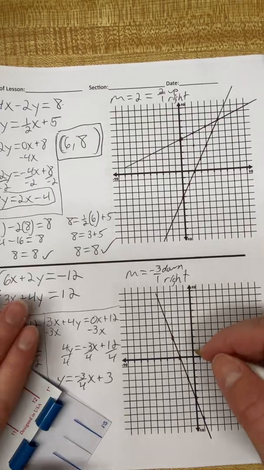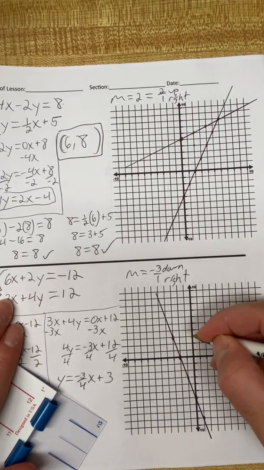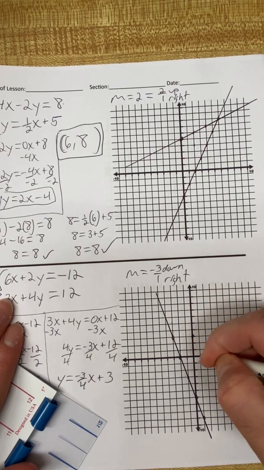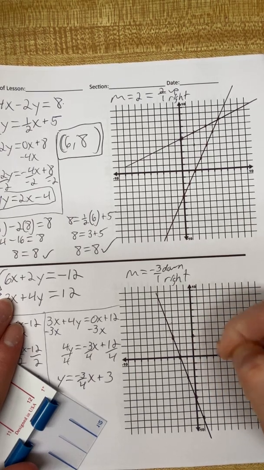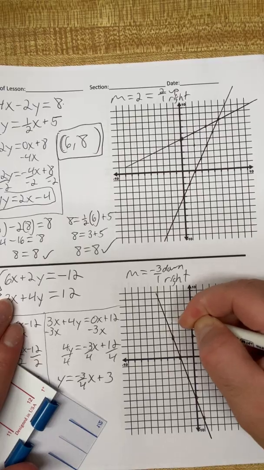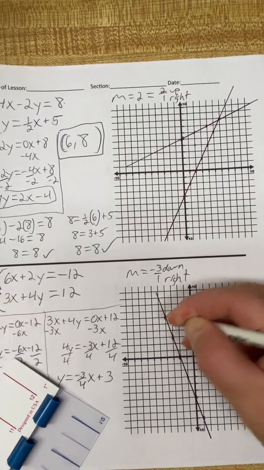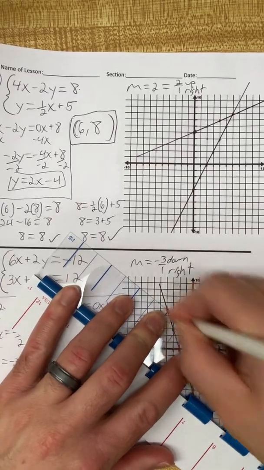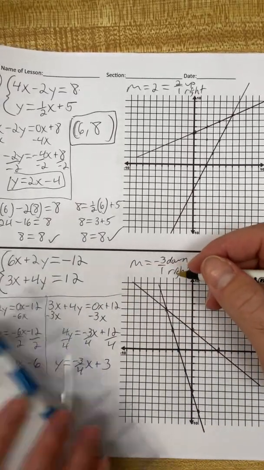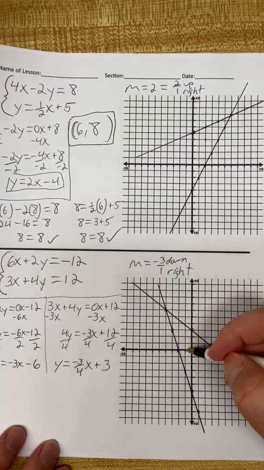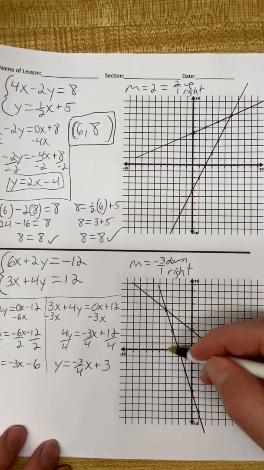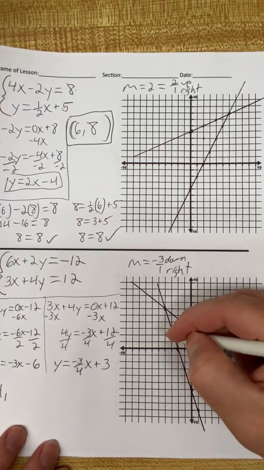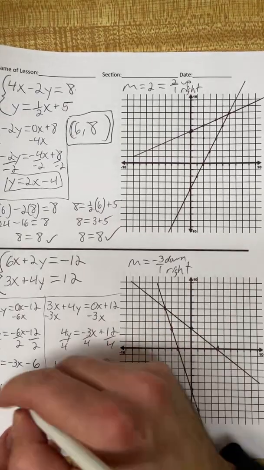The second line, y-intercept at 3. And we're going to slope at negative 3/4. And they're going to intersect at negative 4, comma 6.